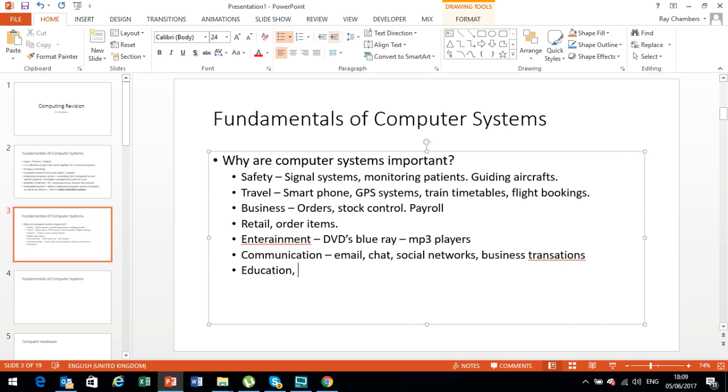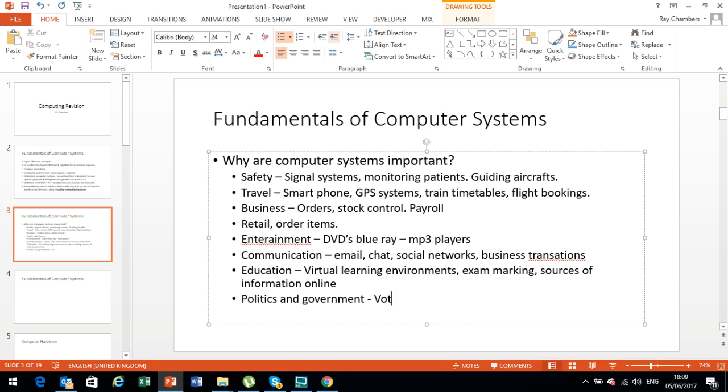Education: VLEs, so virtual learning environments, exam marking, sources of information online. Politics and government: what about voting in some countries? Payment of taxes.